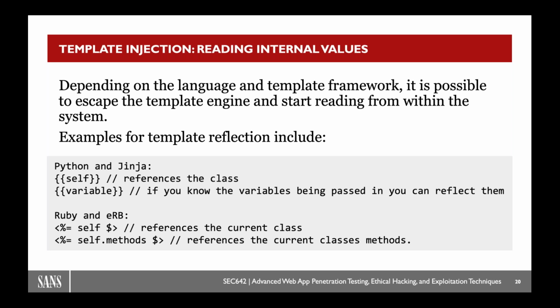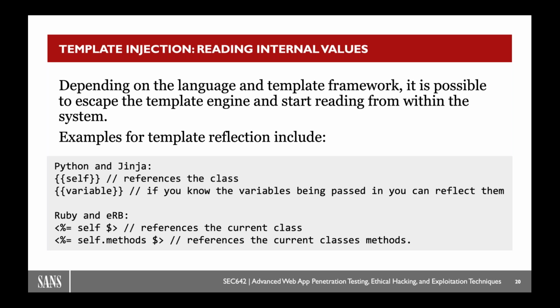Python and Jinja do this. Ruby and Ruby on Rails do this, to where you could read all the methods that are being inherited by the class. We're going to show you method inheritance in a minute, but this is how you trigger method inheritance and being able to read these values.